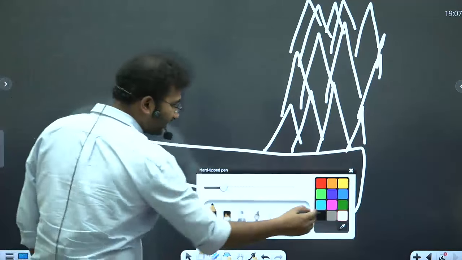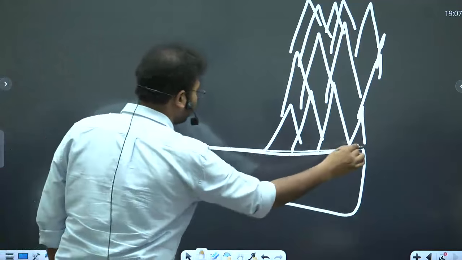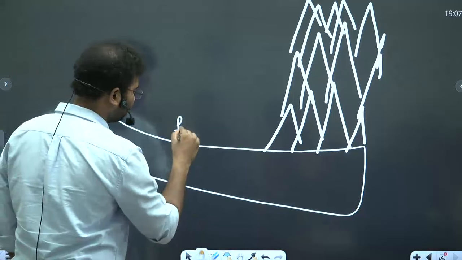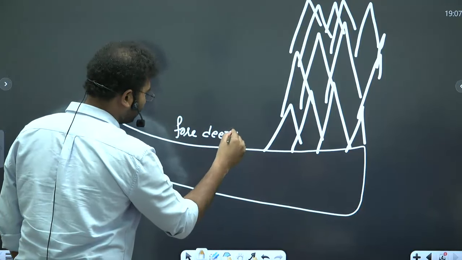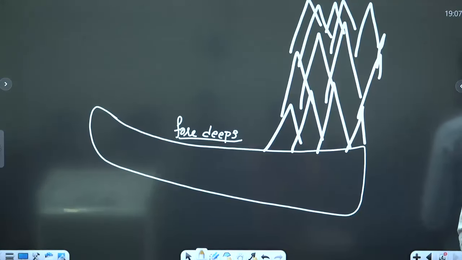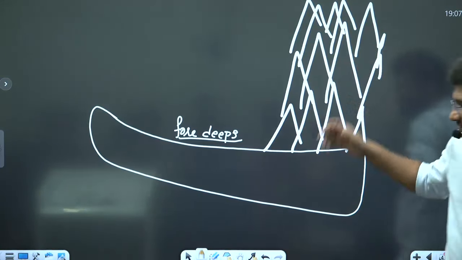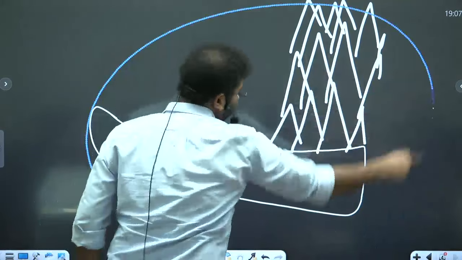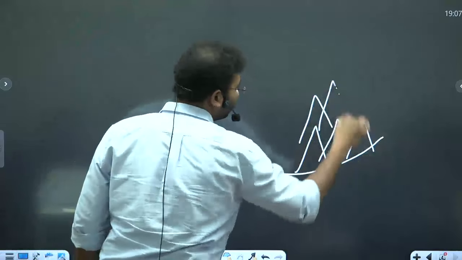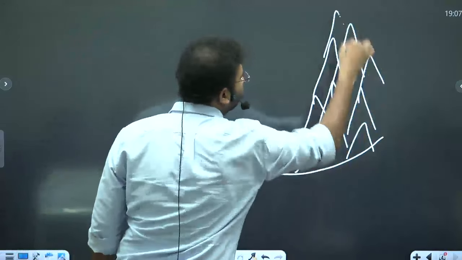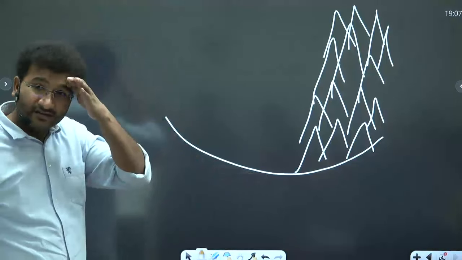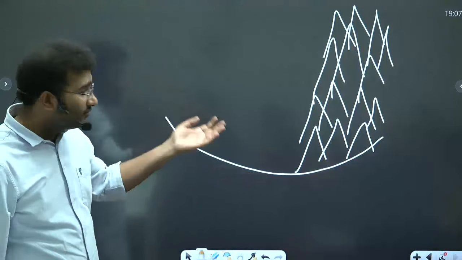Now these shapes which are formed like a saucer, in fact, they are called foredeeps. Okay? This is your foredeep. Why? Because the weight of the plate got increased.